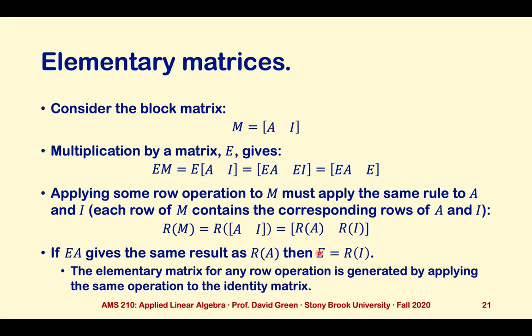In other words, the matrix that we need to achieve this row operation must be the matrix that we get if we apply that row operation to the identity matrix. We generate an elementary matrix simply by applying the operation to the identity.